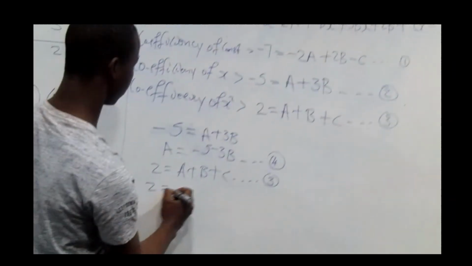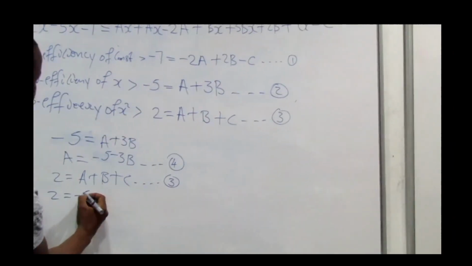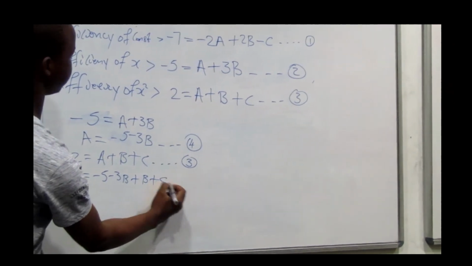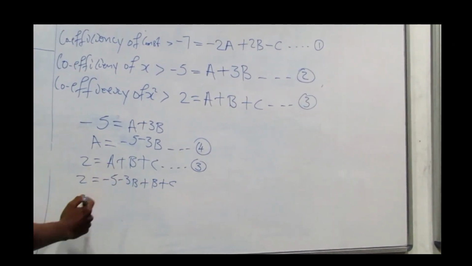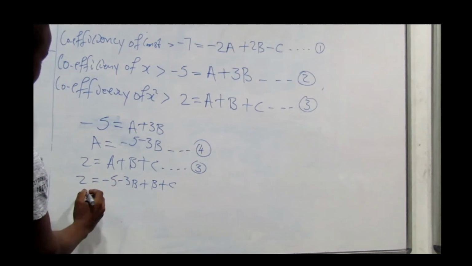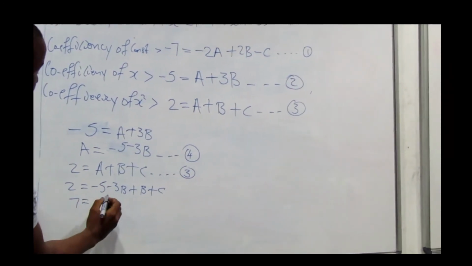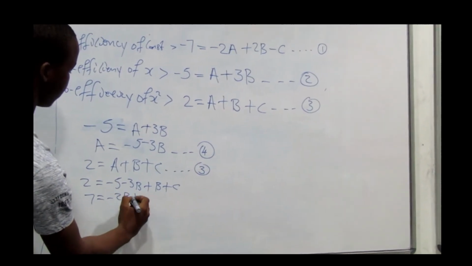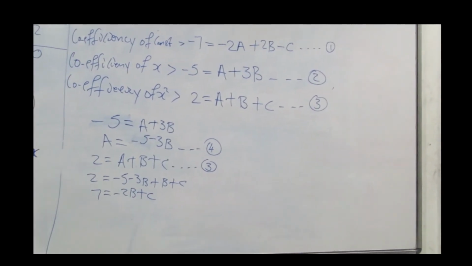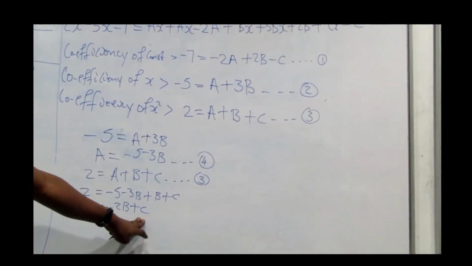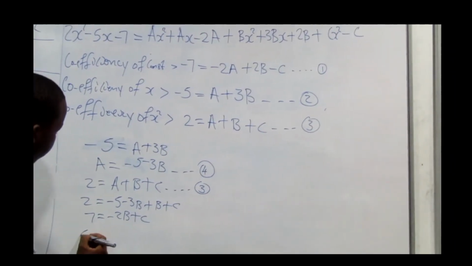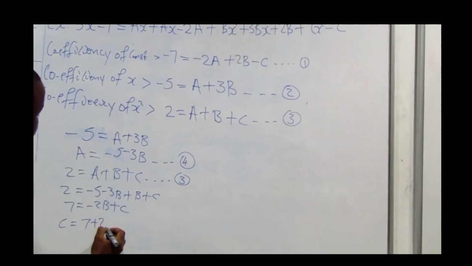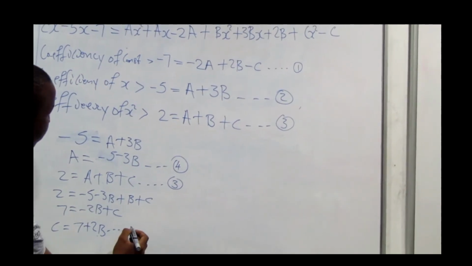It's going to be 2 equals -5 minus 3b plus b plus c. Then we simplify: 2 plus 5 is 7, equals -3b plus b, which is -2b, plus c. Then from there we can make c the subject of the formula: c equals 7 plus 2b. This is going to be our equation 5.